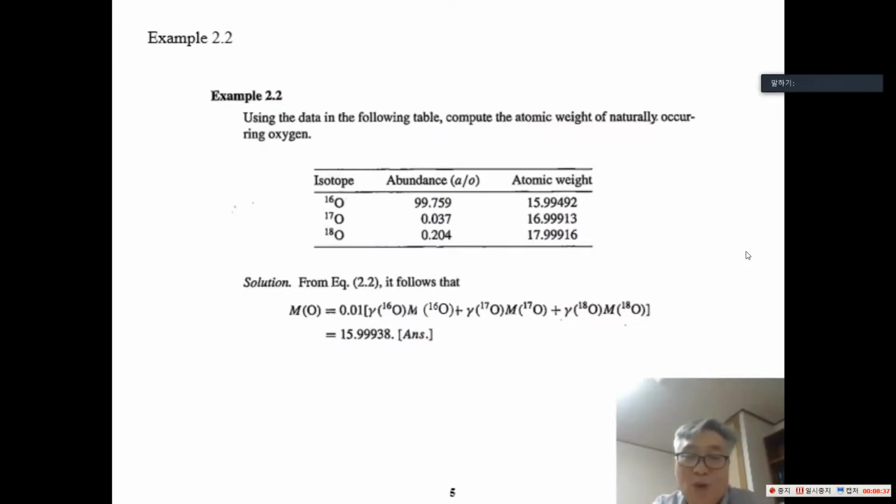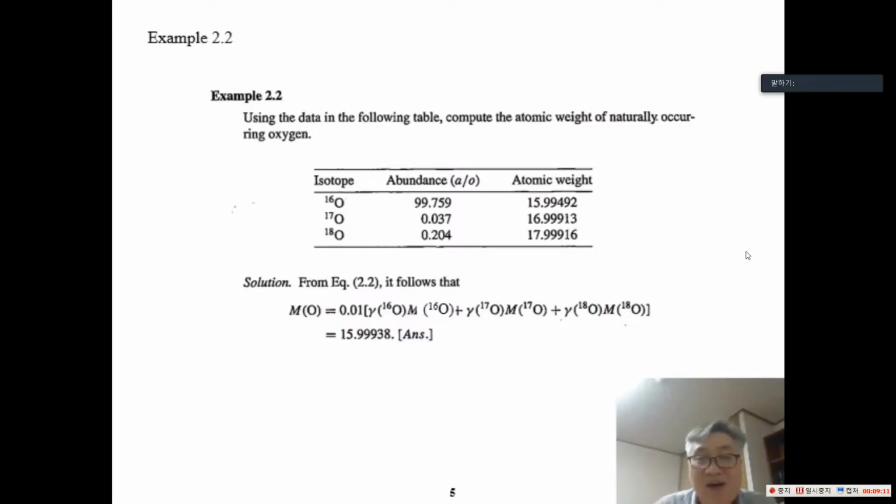And the atomic weight of oxygen 16, 17, and 18 is given. So in order to get an average atomic weight, we have to multiply the first line and second line and third line and add up like below, and we get 15.99938.